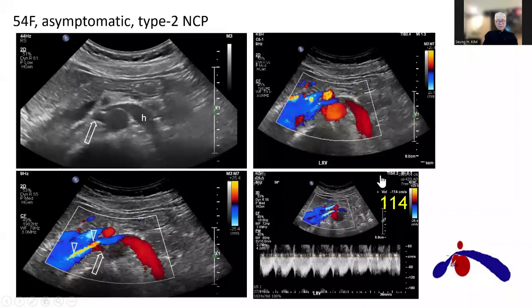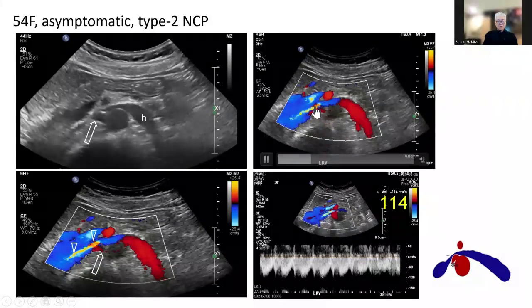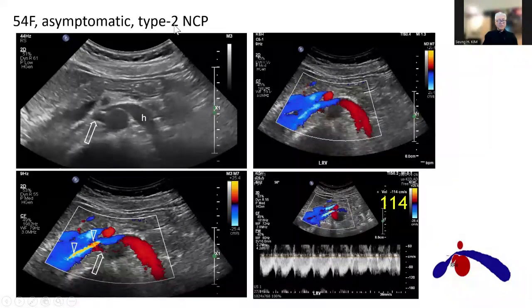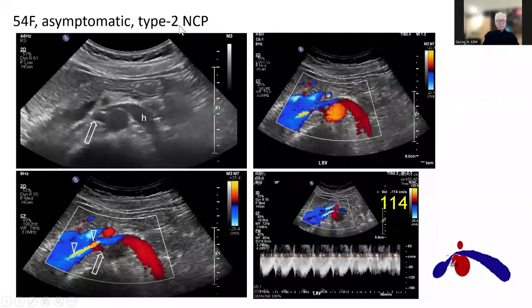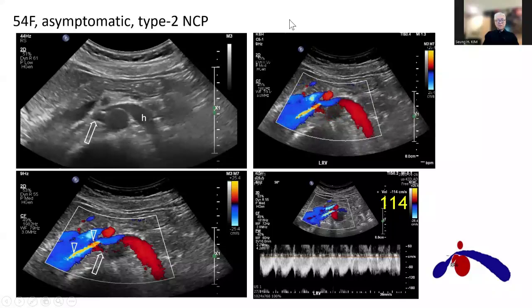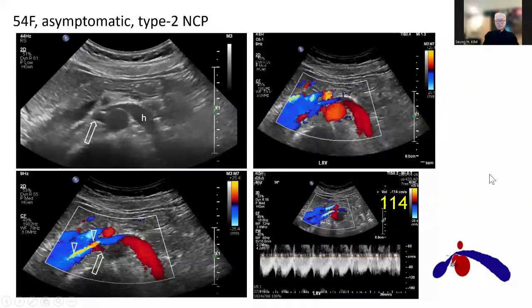So there's a Nutcracker phenomenon, type 2, but this patient did not have any symptoms. So this is a case of type 2 Nutcracker phenomenon. This patient is not a Nutcracker syndrome patient, but an asymptomatic patient with type 2 Nutcracker phenomenon.